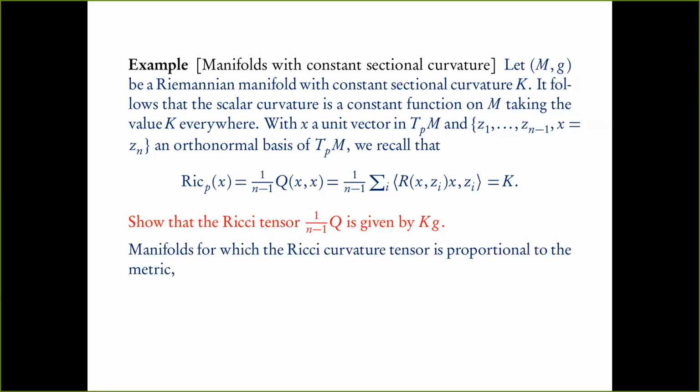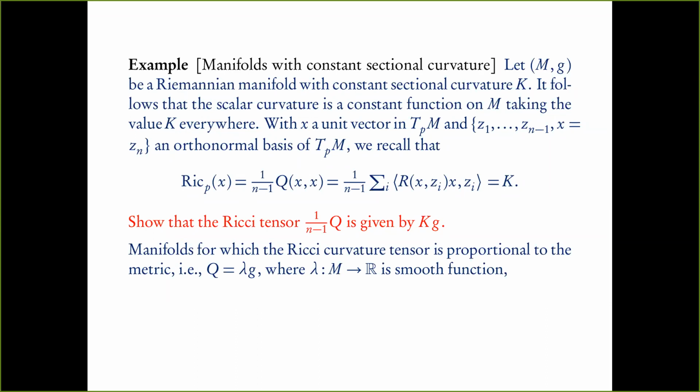So manifolds for which the Ricci curvature is proportional to the metric have a special name. It's called an Einstein manifold, or sometimes the metric G is called Einstein. Here I'm going to take a slightly different meaning of the word proportional, so bear with me for a moment.